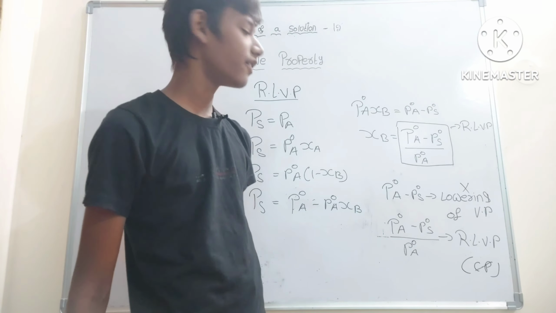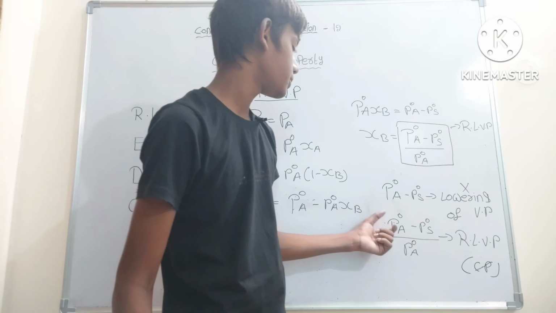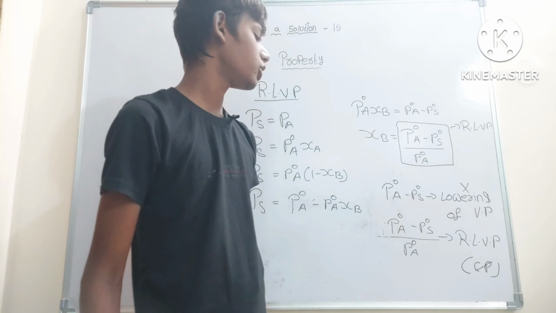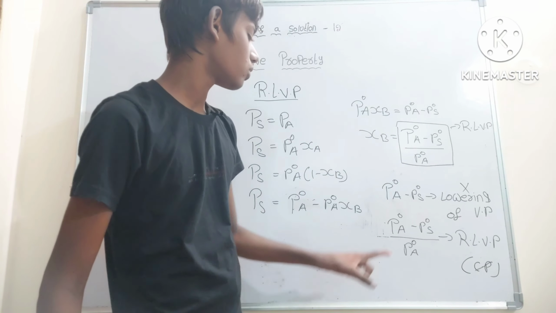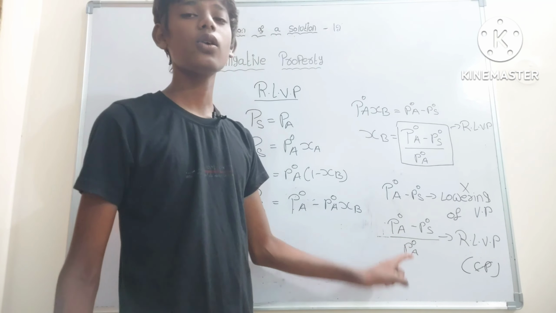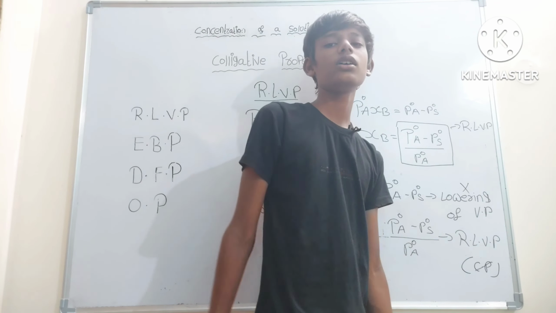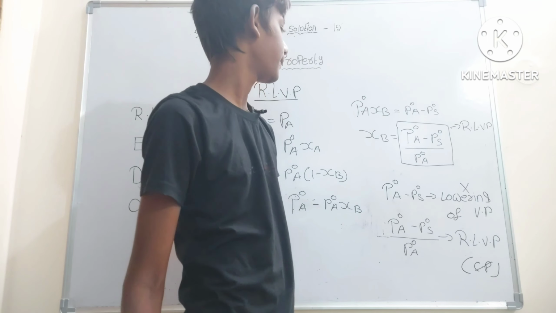In the options they give P naught A minus PS, and another option is P naught A minus PS by P naught A. Now you have to choose P naught A minus PS by P naught A. It is a colligative property. Relative lowering in vapor pressure is a colligative property.